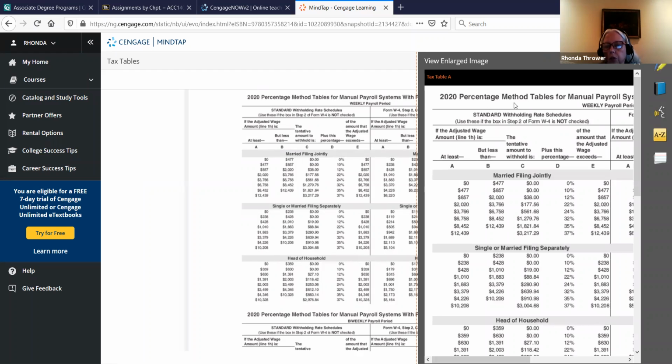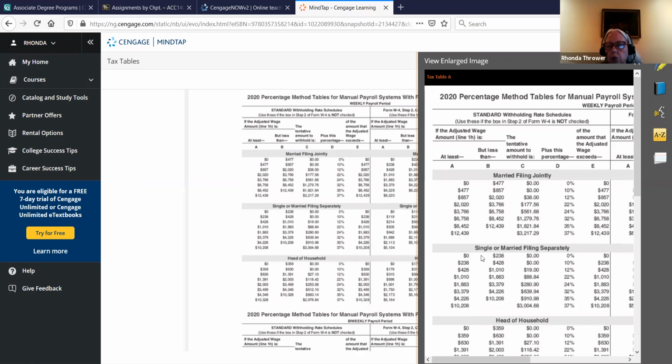All right, so we're using the percentage method. It's going to be weekly. We have to know their marital status, and our problem told us that this employee was single. So you're going to go to the single table down here, and you're going to look for the wages that fall between at least, but less than.